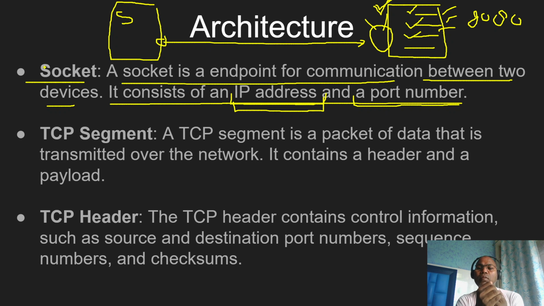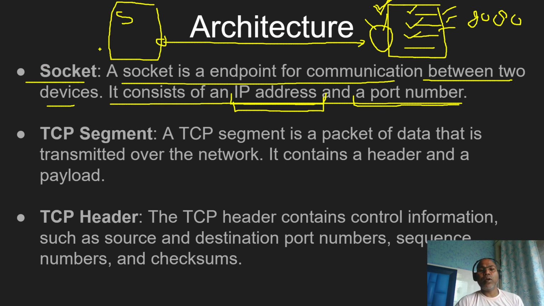Socket is just an endpoint, a situation where our client knows this is the IP address and this is the port number. Those combined, you can say, is one socket. So one computer or one device can have multiple sockets, depending upon your hardware bandwidth and system configuration.